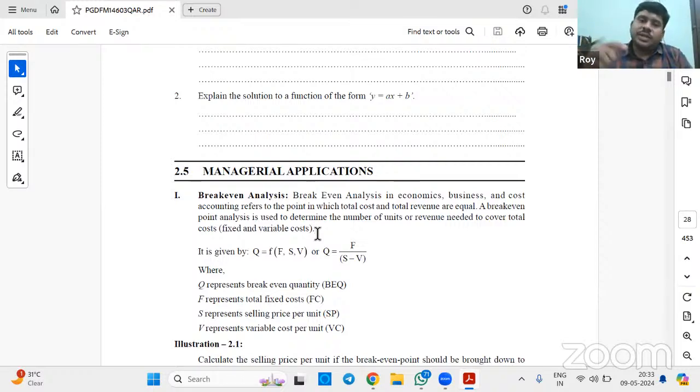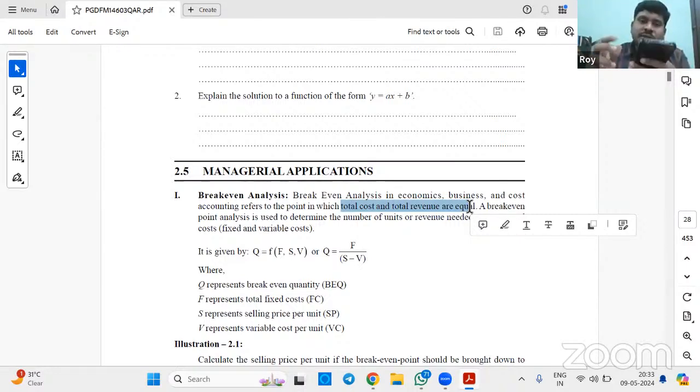That we will understand here, right? In cost accounting it refers to the point at which total cost and total revenue are equal. What is cost? The amount which I invested on the mobile to manufacture a product.